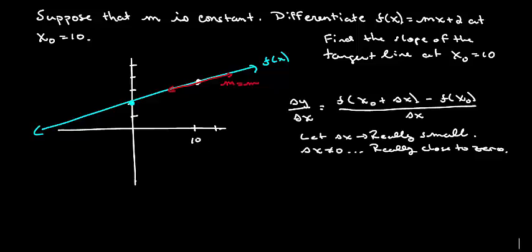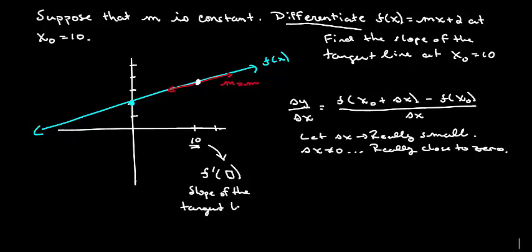Okay, so let's go through this process. The act of differentiating is taking the derivative. So when we say differentiate, we want to take the derivative at this exact x value. So the notation's the following: f prime at something, which here is going to be 10. We're going to plug 10 in just a second. F prime at something tells us the slope of the tangent line at whatever that something is.